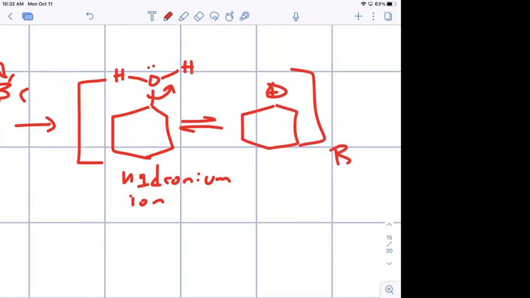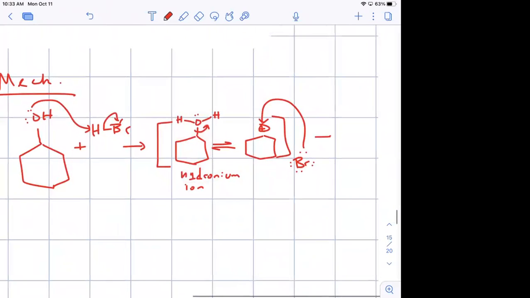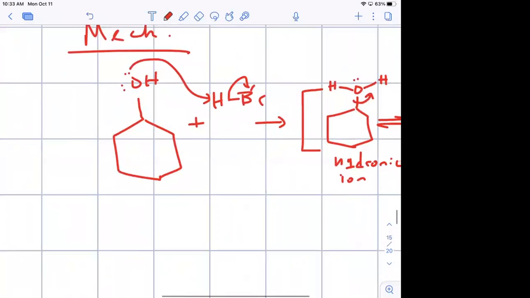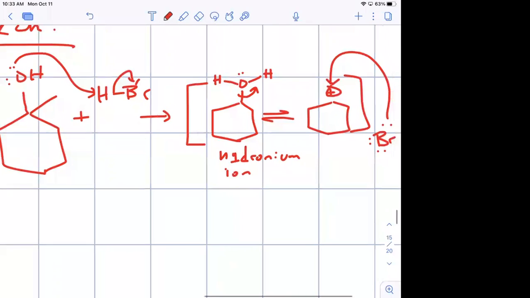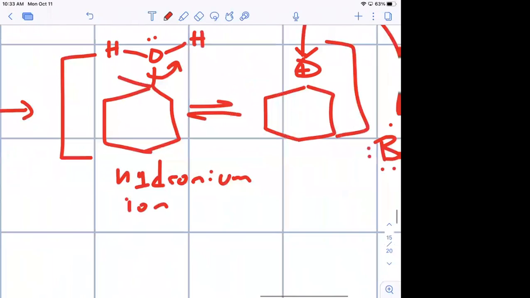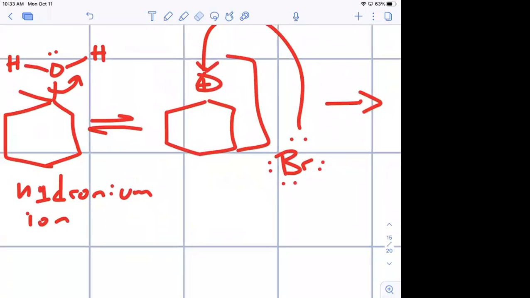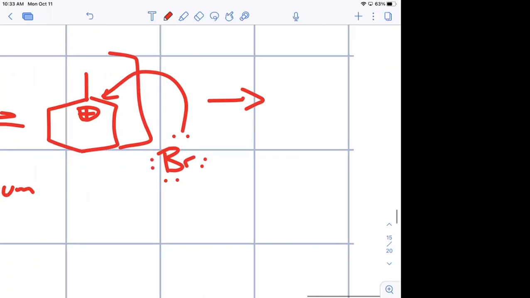And then the bromine can come in and attack it. Right? So you end up with, and this was tertiary, I need to add that carbon back in. That's coming there like that, and then you end up with this product.